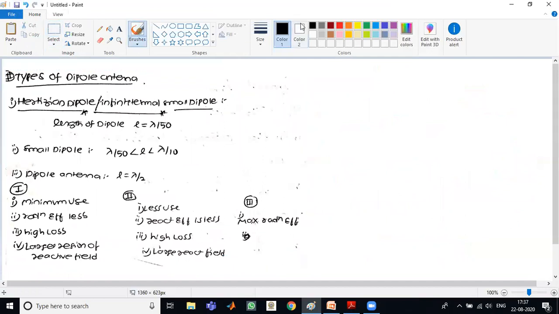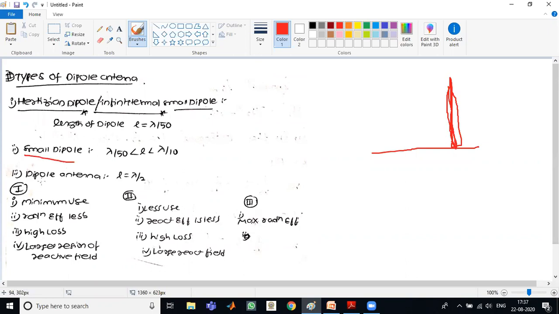In the starting, I have told that among the types of antenna, a dipole is a linear straight antenna, the antenna which is seen on the top of TV towers. And these are of three types. One is the Hertzian dipole, that is the small dipole.